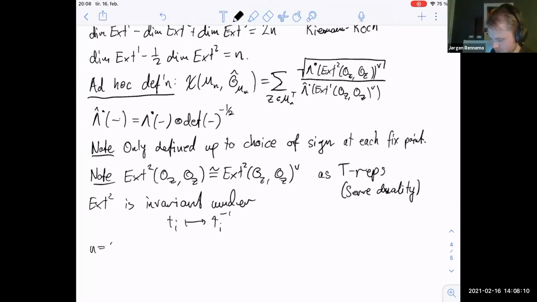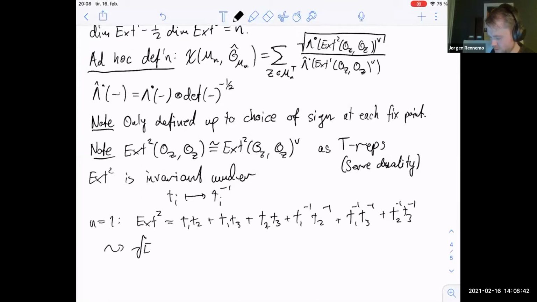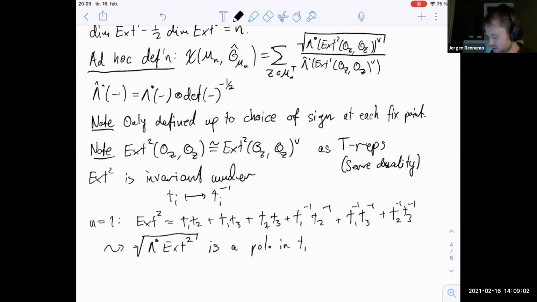So for an example, in the case n equals 1, this x2 is, so then there's a single fixed point, and we compute this thing to be, and a further consequence of that is that when you do the wedging operation and you take the square root, actually you will end up with a polynomial in the t_i, plus minus, but you might have to take square roots of some of them.